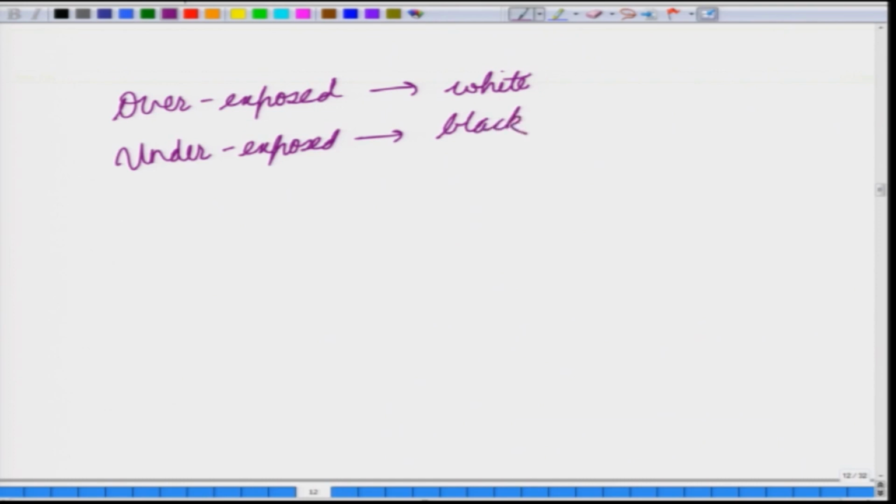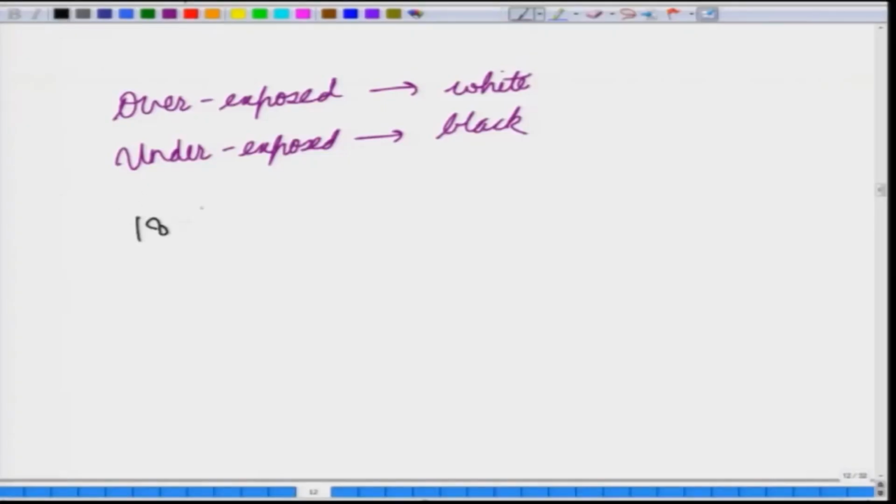But if you have an image that is completely white or completely black, that image is worthless, because you cannot get any information out of it. It was not able to record the information about the object. So you want an exposure that is in between both of these. It has to be somewhat black, somewhat white, a shade of gray.